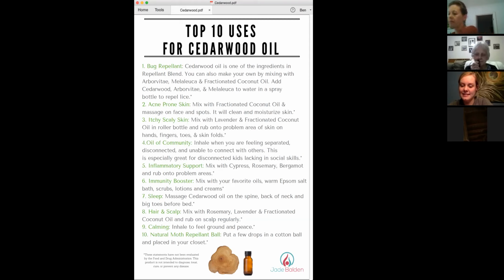Oh, fantastic. Well, I'm very excited about this oil. They've done a lot of research with cedarwood oil, and it's a wood oil. So right away, what do you know about wood oils or tree oils? They kill insects.